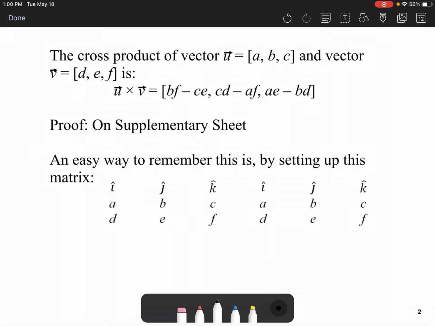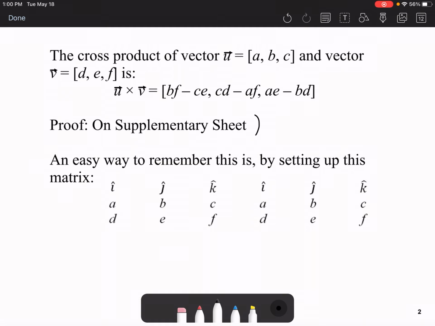You can memorize this formula. You can also memorize how to calculate this in a different format. And again, the proof of this formula is found on the supplementary sheet within this section of the course. You can look at that at any point in time.